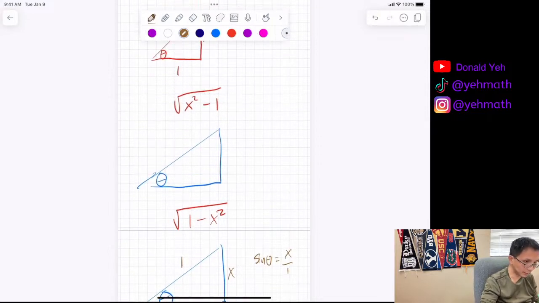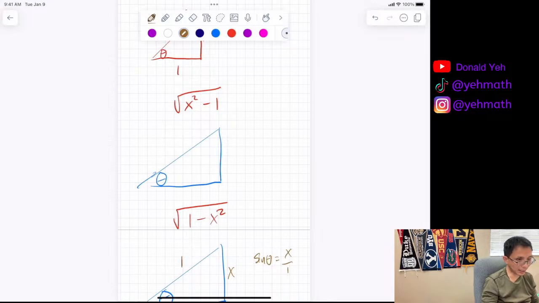For this one, the constant is on the bottom, so there's only one option: secant theta. Secant theta equals x over 1, right? So what is the hypotenuse here? x. And the adjacent is 1.